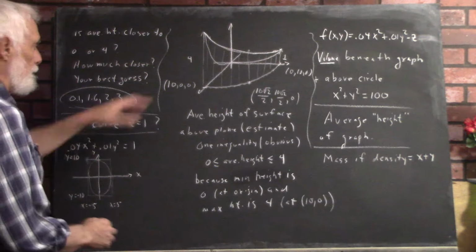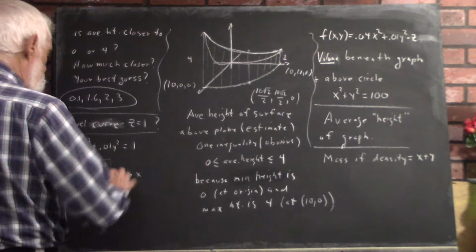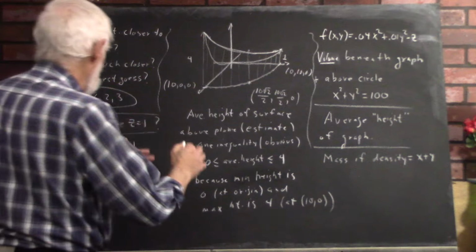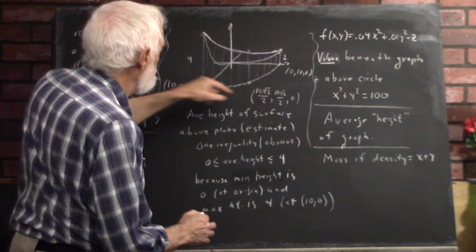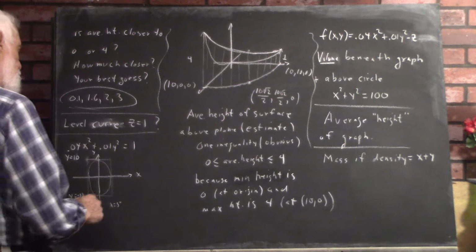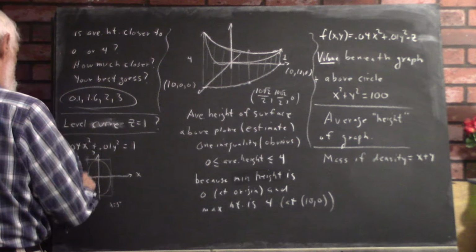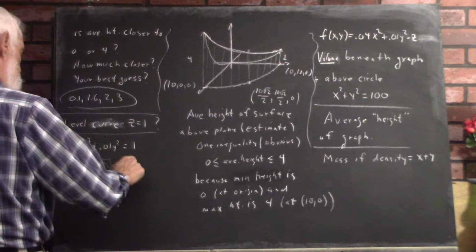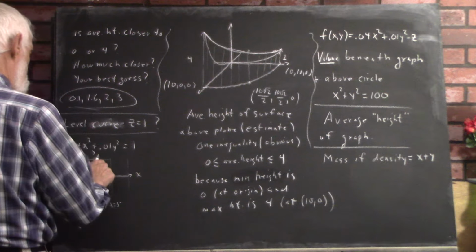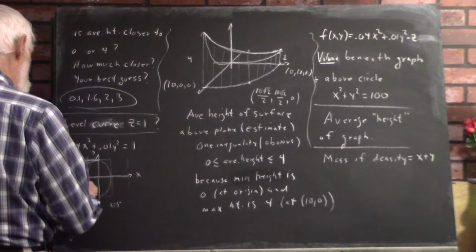Okay, now how does that ellipse fit into this picture? Well, we have to turn things so that the ellipse comes out to here and over to x equals 5 here. And we can see the ellipse within the circle, a circle of radius 10.